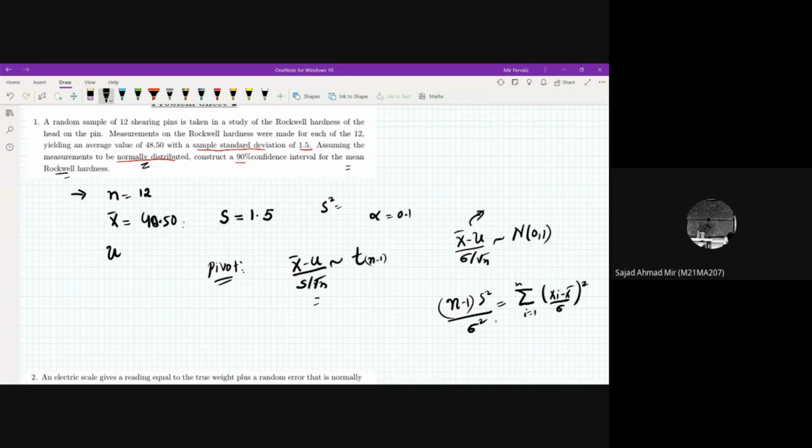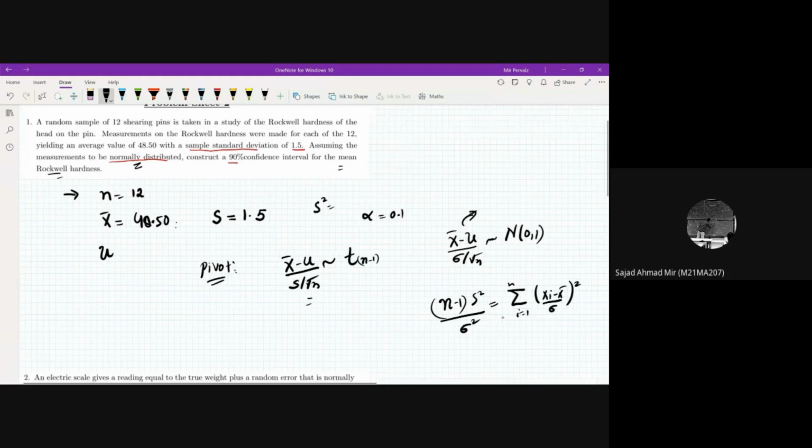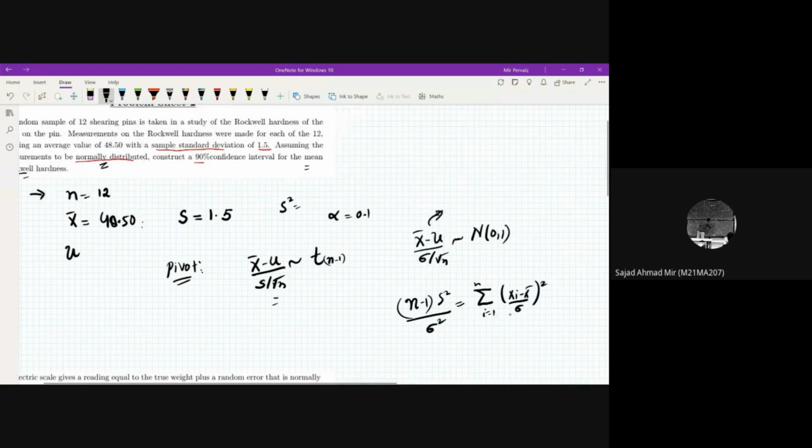So what will be the distribution for this pivot? This will be chi-square with n minus 1 degrees of freedom.